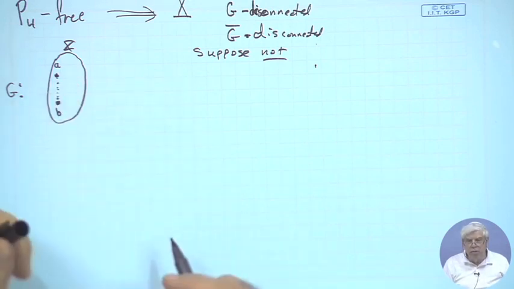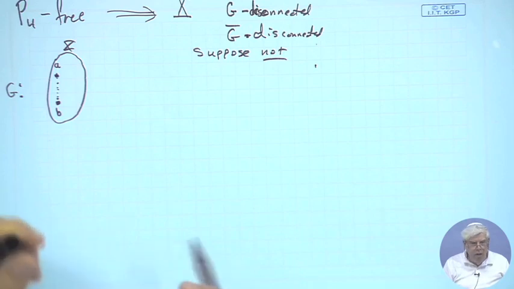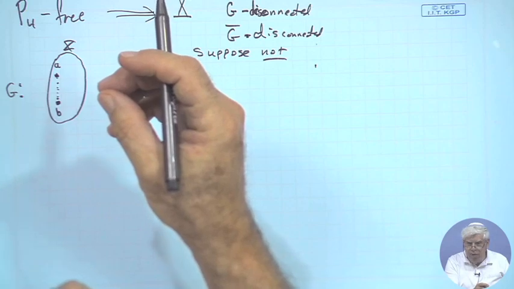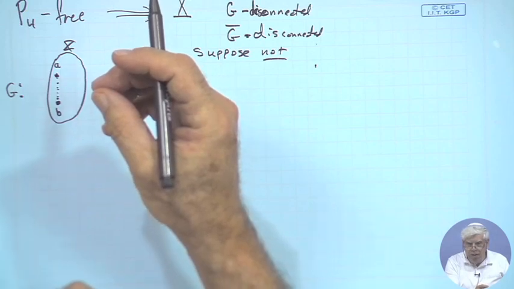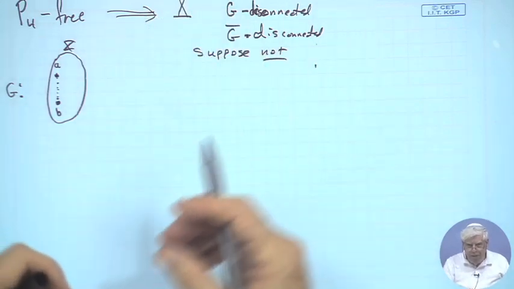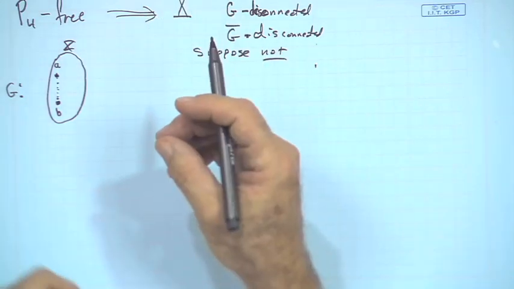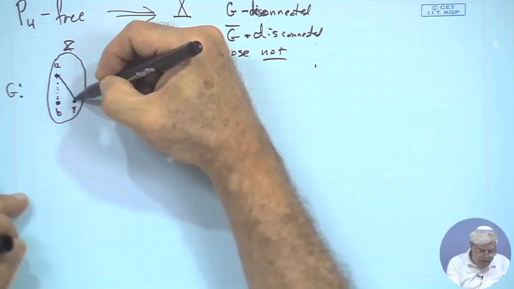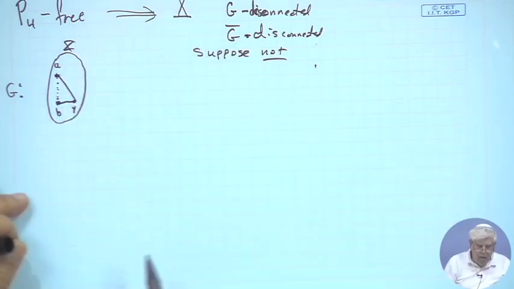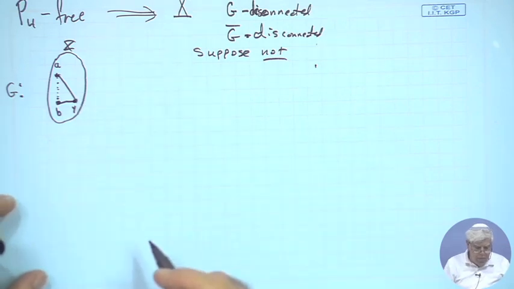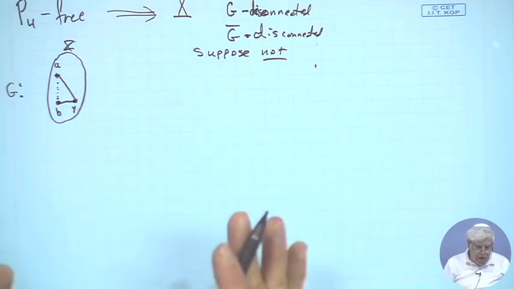Let's take a shortest path. If that shortest path was, say, hop, hop, hop, I'd have a P4. So I can only go hop, hop. So there's some Y that sees both A and B. Great.